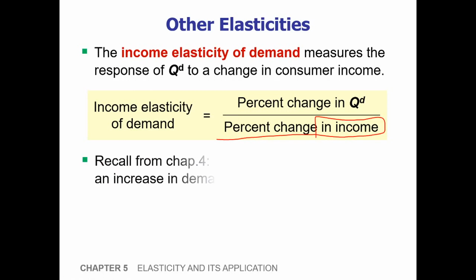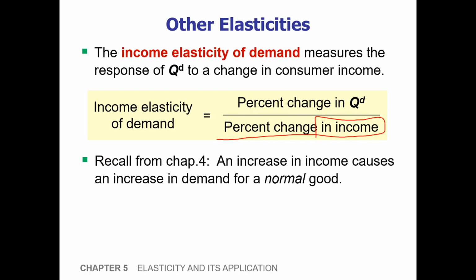As you can recall from chapter 4 of demand and supply, we learned that a normal good is one for which the demand increases as income of consumers increases. So for example, if you increase the demand of apples as your income increases, apple is a normal good. And if as your income increases, you decrease the demand for, let's say, some vegetables, those vegetables would be inferior goods.